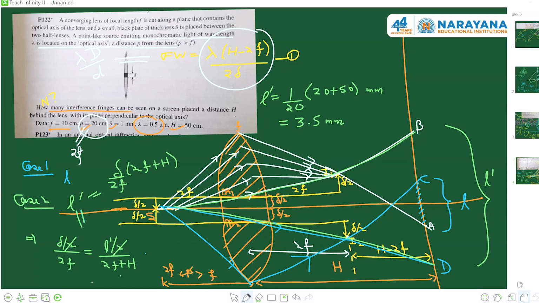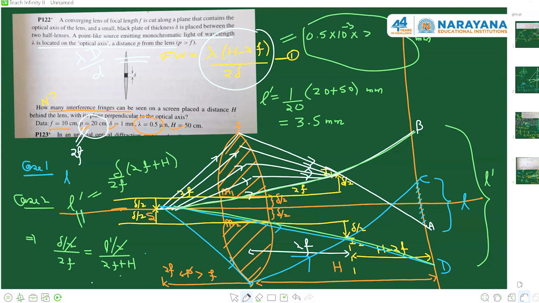And fringe width also, let me write. What is the fringe width? Lambda here is 0.5 micron. So let us convert it. So 0.5 into 10 raised to the power minus 3 millimeters, and multiplied by h minus 2f. So 50 minus 20.